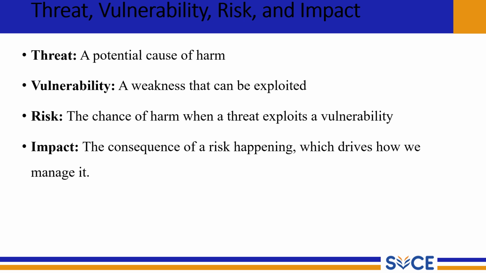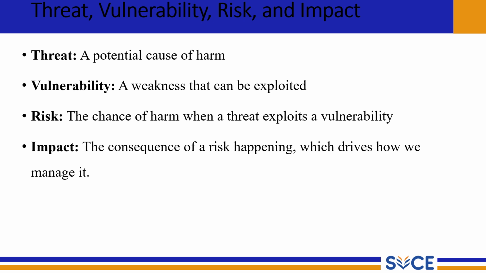So next is threat, vulnerability, risk and impact. Threat is a potential cause of harm. For example, hackers trying to steal your ATM PINs or passwords. Next is vulnerability, a weakness that can be exploited. For example, using your name as your password, or using a password like 1234.